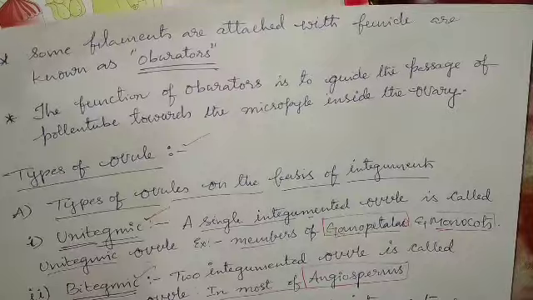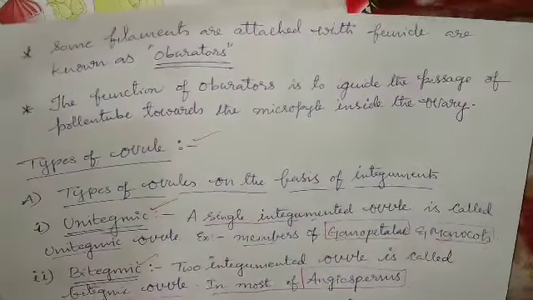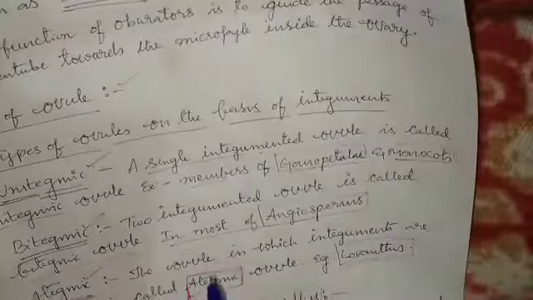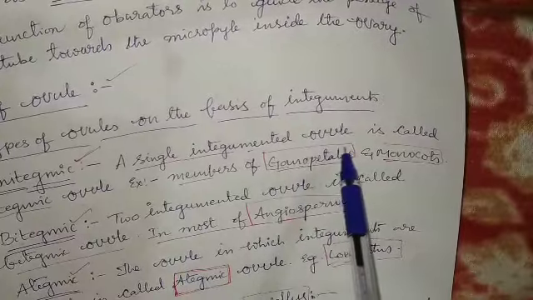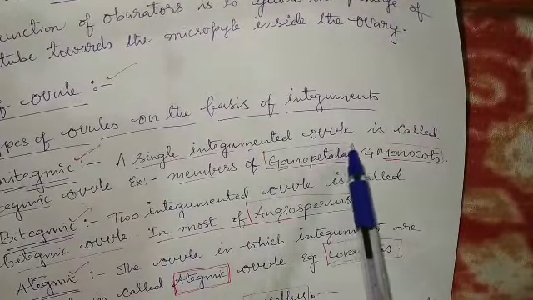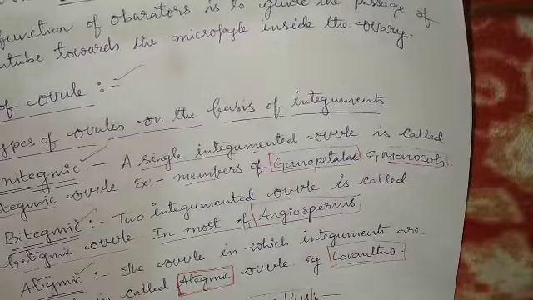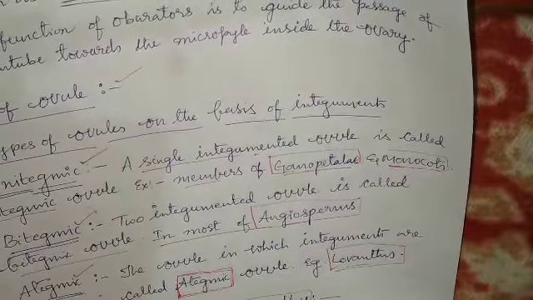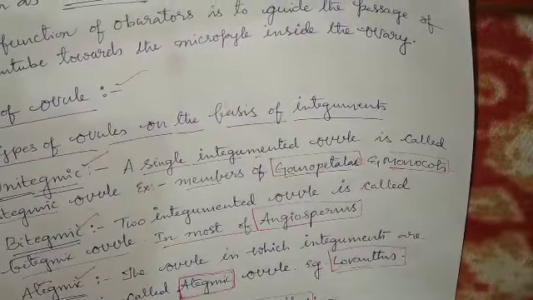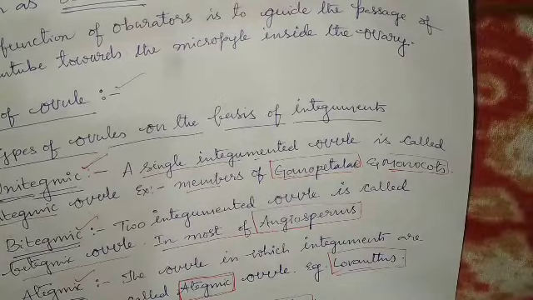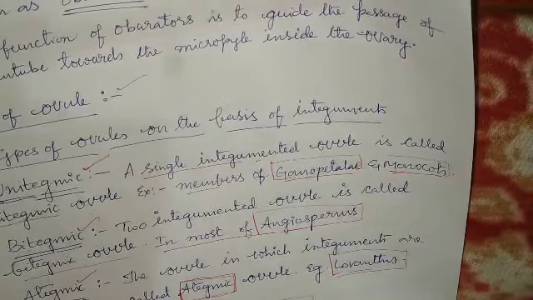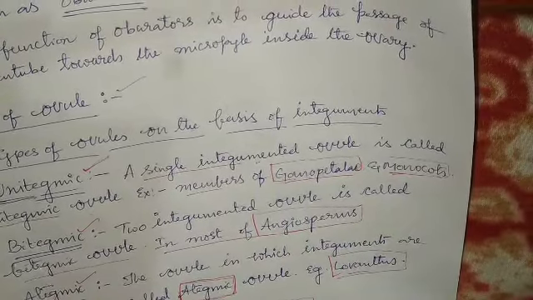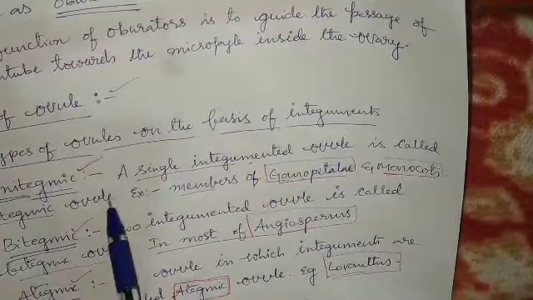Unitegmic ovule, bitegmic ovule, ategmic ovule. A unitegmic ovule means a single-integumented ovule. Only one integument surrounds the main body of the ovule, that is the nucellus. That nucellus is covered by a single integument. So this is called a unitegmic ovule.